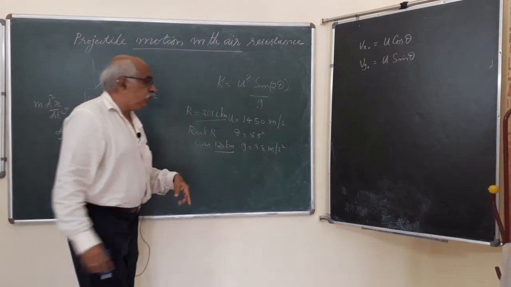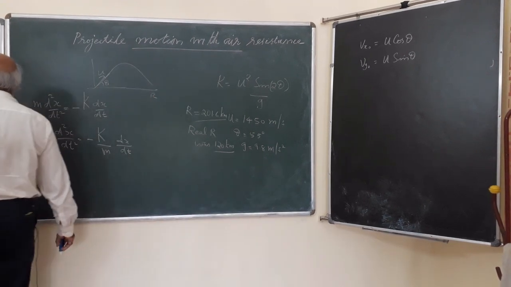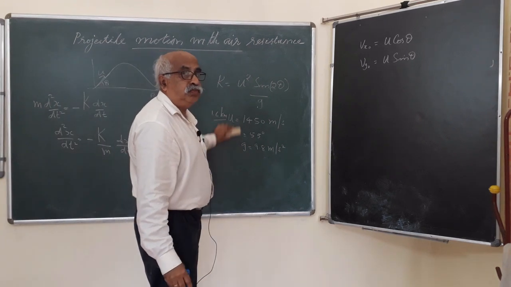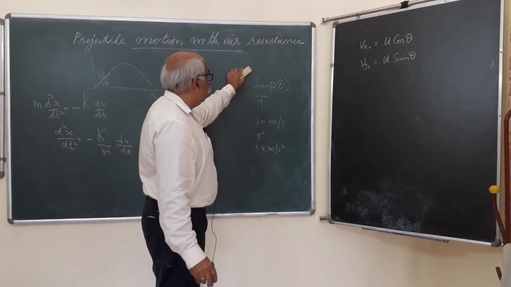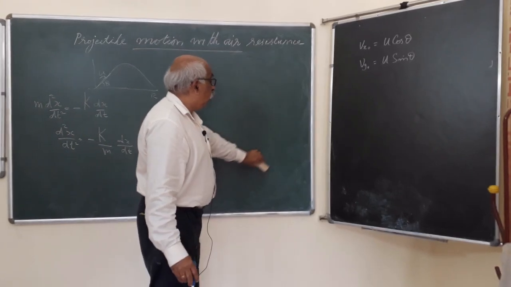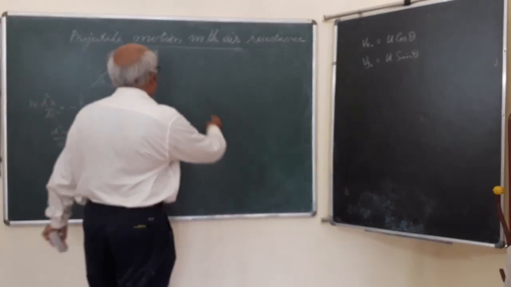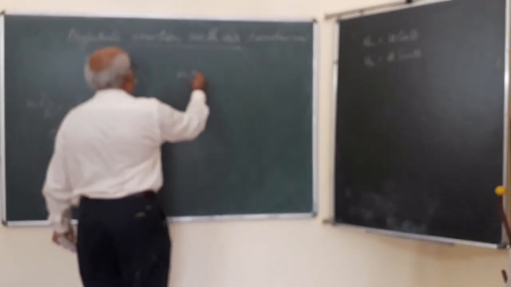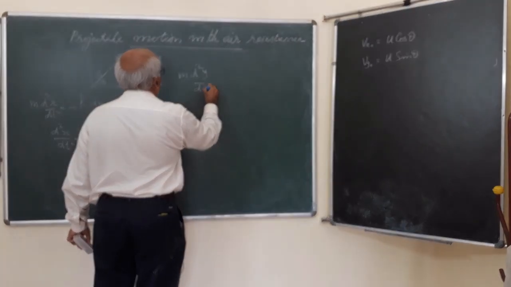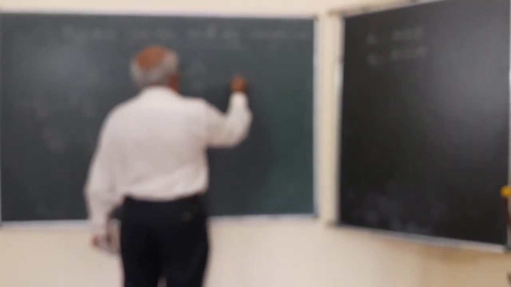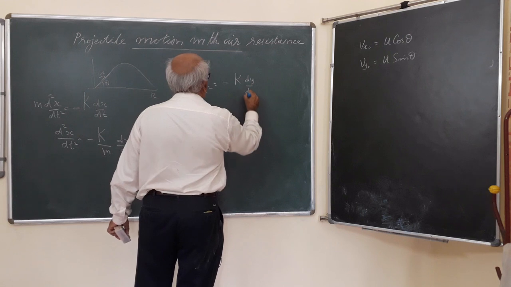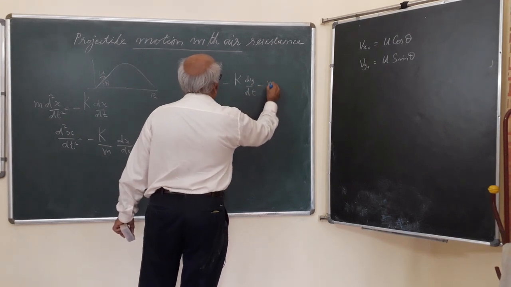Similarly, we can consider the vertical component and write down the differential equation to be satisfied by the object projected along the y direction. That is m d square y by dt square is equal to minus k dy by dt minus mg.